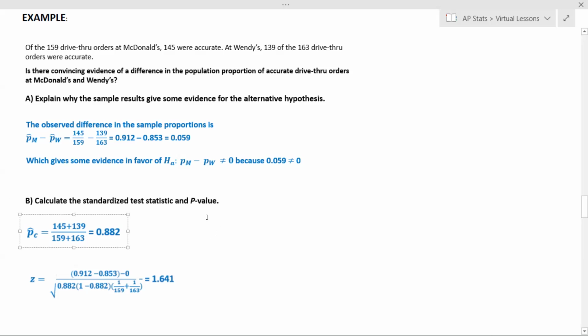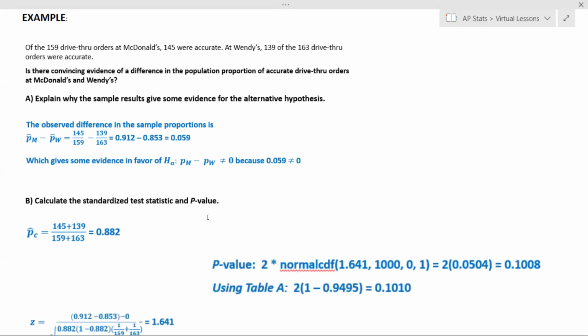Now, we could do that one of two ways. We could calculate it using table A, or the calculator. For the calculator, you'd use the normal CDF, lower and upper. Lower is 1.641, upper is 1,000, mean and standard deviation 0 and 1. But we have to multiply it by 2 because this is a two-tailed test, because we're looking for a difference in either direction.